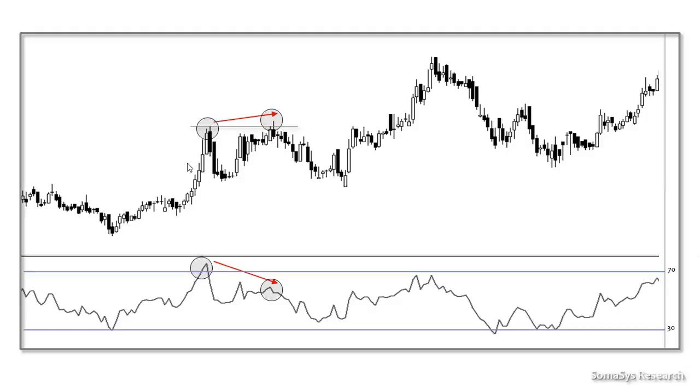So I'll take you through the steps again. Number 1, look for divergence between price and RSI. Number 2, RSI must be overbought here, on the first peak. Number 3, price must close below the preceding high.